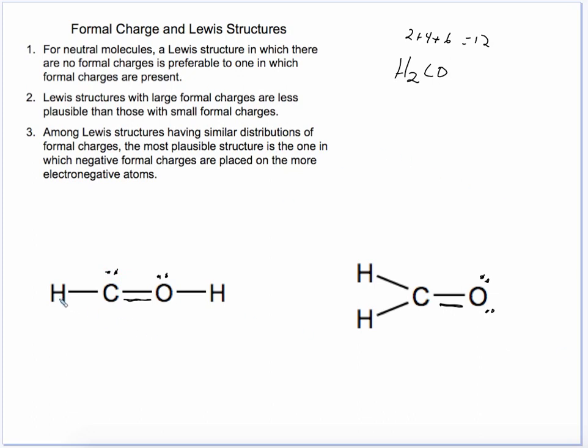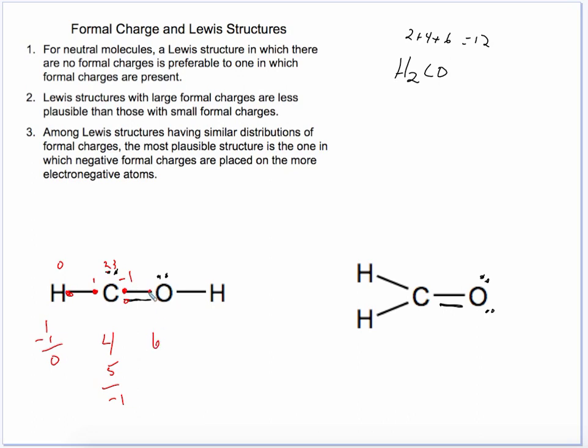Okay, now let's do the formal charges on these things right here. So hydrogen has 1 valence electron and 1 electron is shown, so its formal charge is 0. Okay, carbon has 4 valence electrons. Let's count how many are shown. 1, 2, so 1, 2, 3, 4, 5. So that's going to be negative 1.